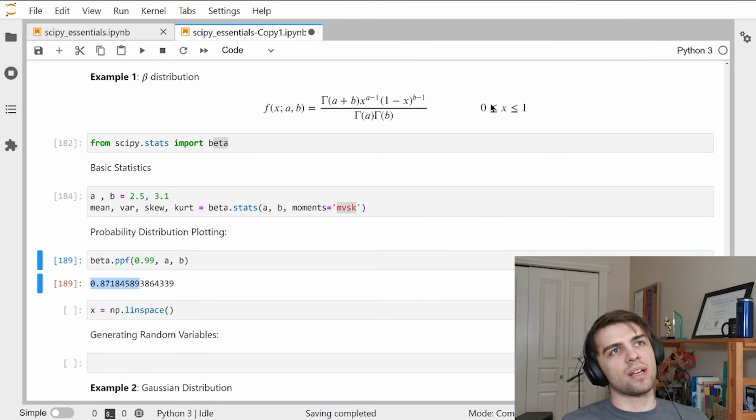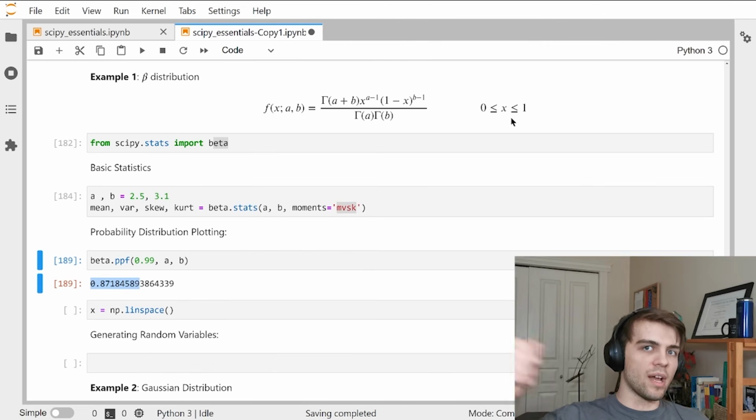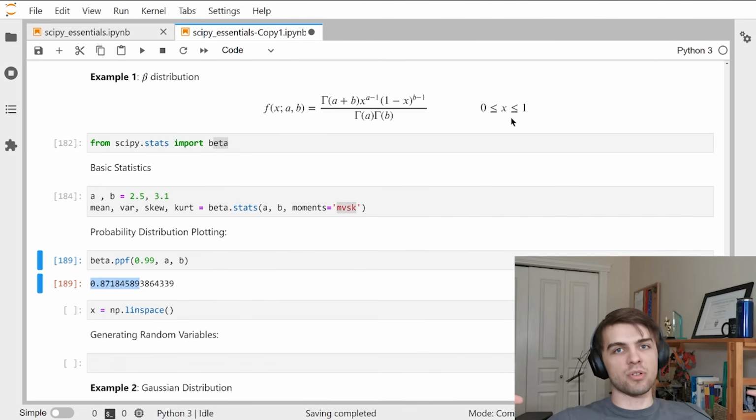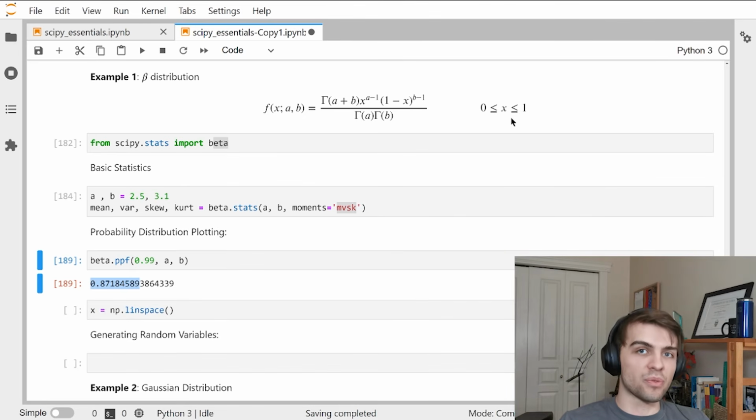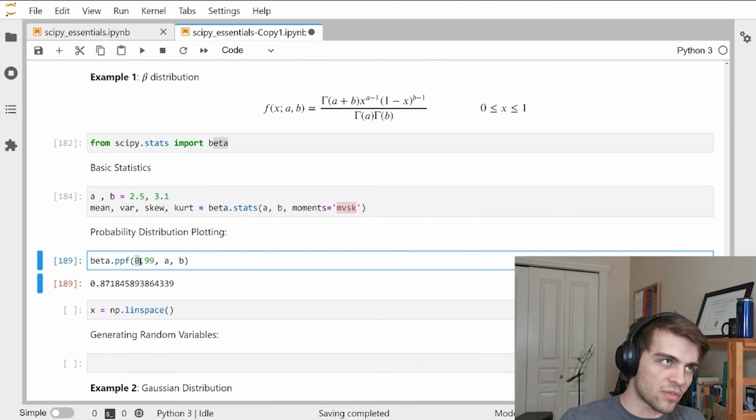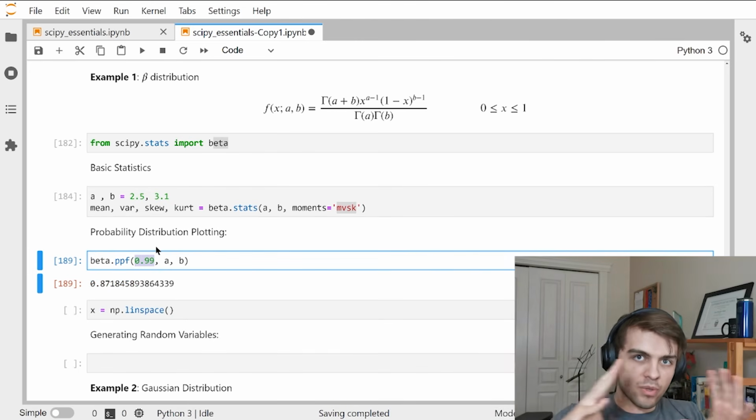And now for these distributions where x goes from 0 to 1, I could just go 0 to 1. But for example, when you have the Gaussian distribution and you want to plot the Gaussian curve, that goes from negative infinity to infinity. And you're not going to plot it all the way out from negative infinity to infinity. So you can decide how much of the area you want to include in your plot.